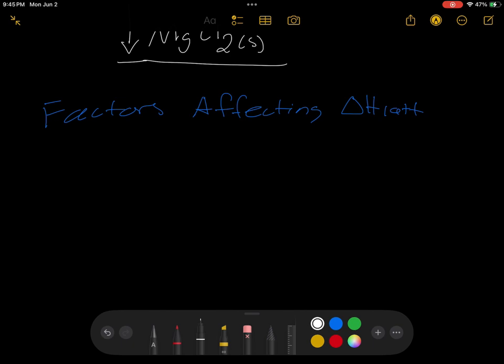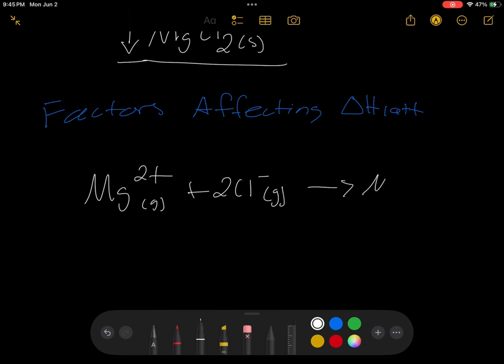We have to pay attention to ionic radius, so the size of our ion, and the charge of the ion. So here's how this works, right? From the one mentioned earlier, there was the lattice energy of magnesium chloride, I should say. And then there was the lattice energy of sodium chloride.